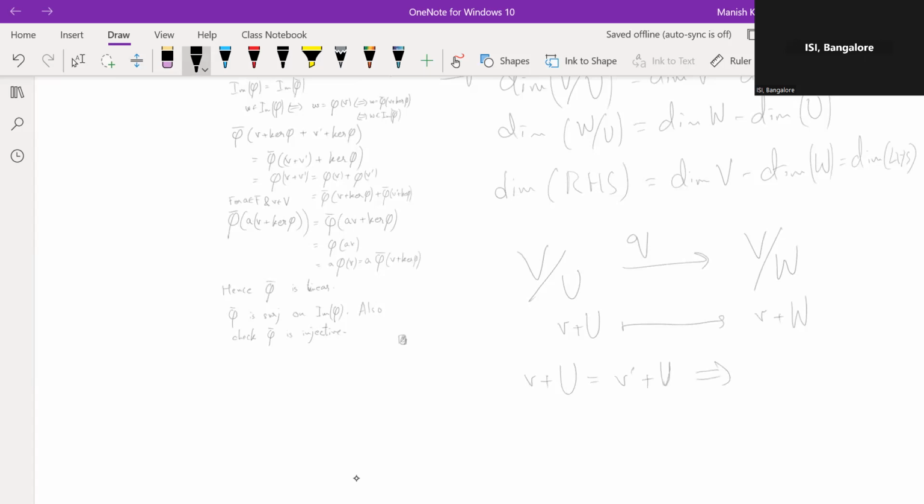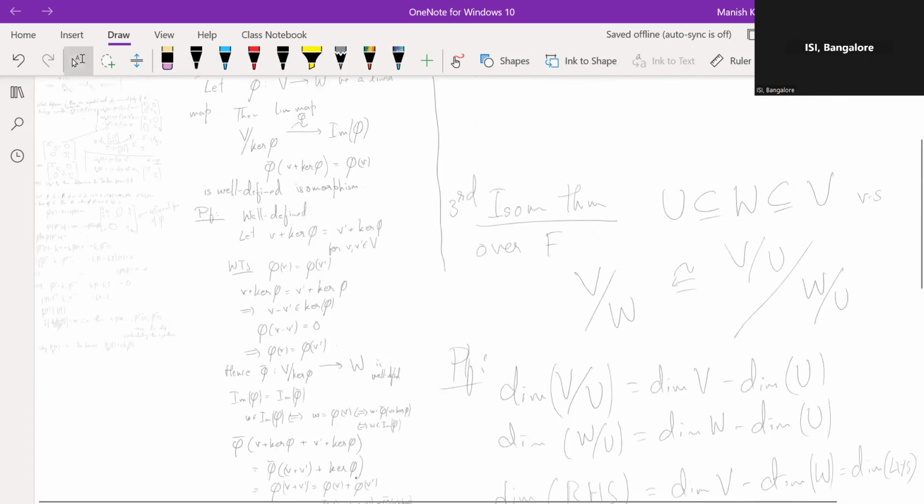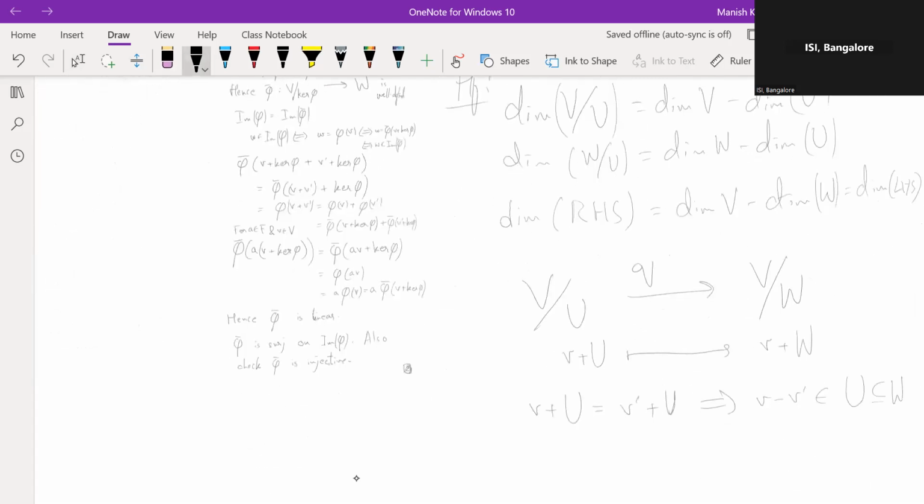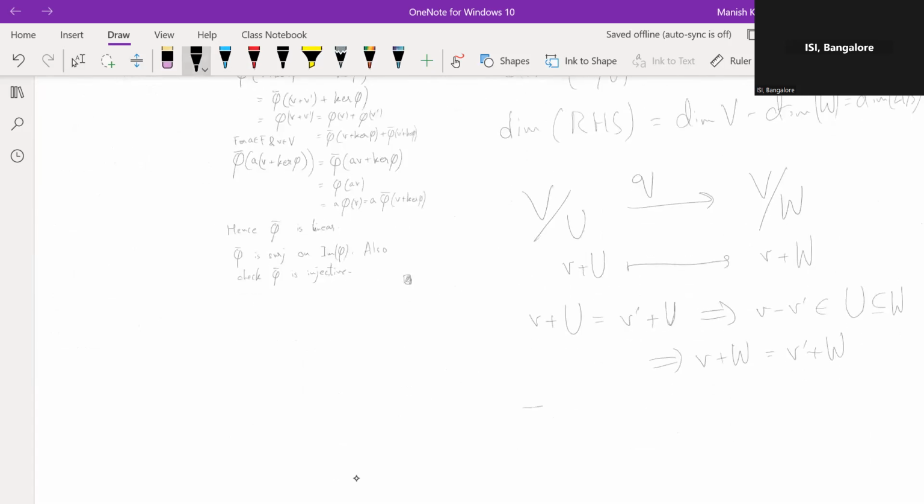This implies that V minus V prime belongs to U. This is the definition of these two being equal. But this U is of course contained in W. So this is contained in W, right? So this implies V plus W is equal to V prime plus W. So that tells you that Q is well defined.